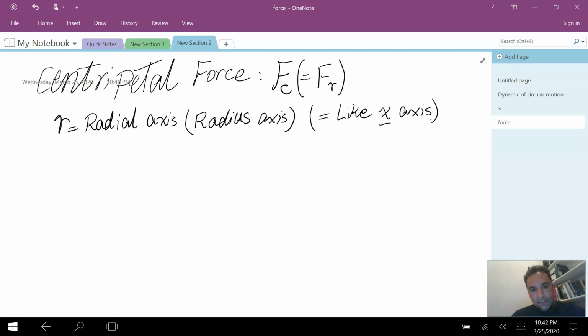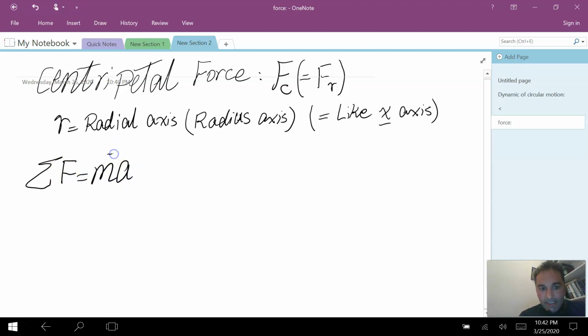Now, what is centripetal force? Look, by Newton's second law, we have sigma F is equal to ma. Acceleration is a vector, force is also a vector. Therefore, we can say, as we see here, force makes acceleration, correct? Or acceleration makes force.